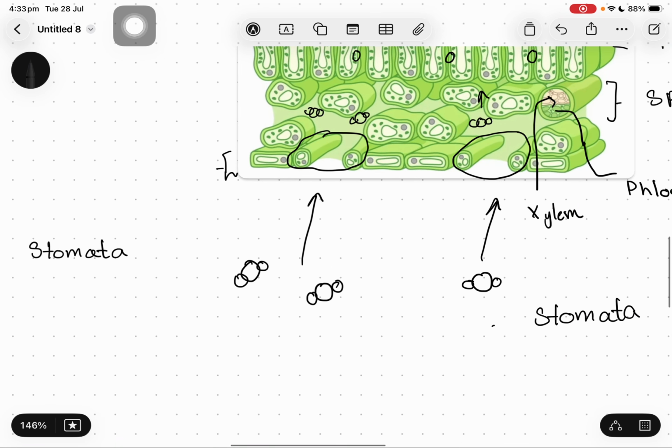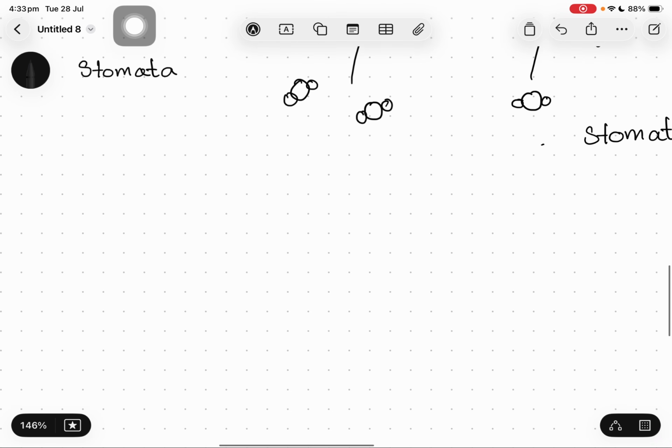So each of these stomata have these guard cells around them. These guard cells help reduce the water loss. So this is the guard cell.